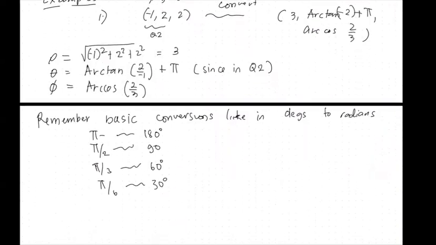Okay. More examples. Here, there are some equations in Cartesian coordinates that are easily expressible in spherical coordinates. So, for example, this equation x squared plus y squared plus z squared is equal to what number? 3 squared. This is in Cartesian.